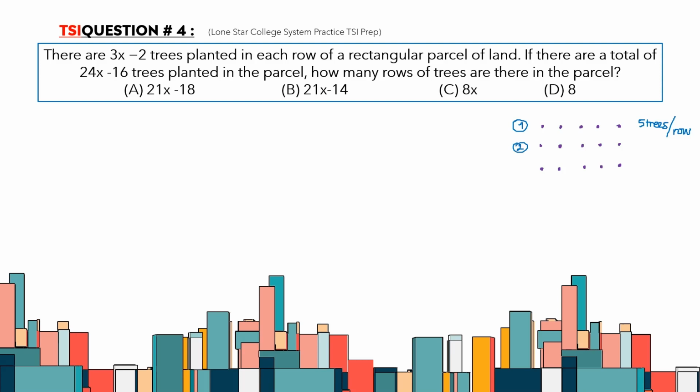and then we have the number of rows here, 3.